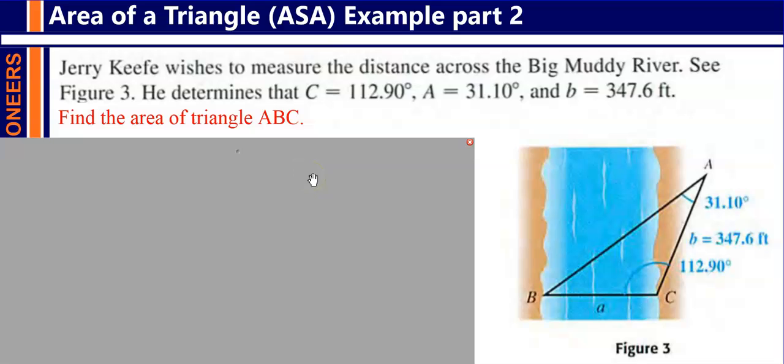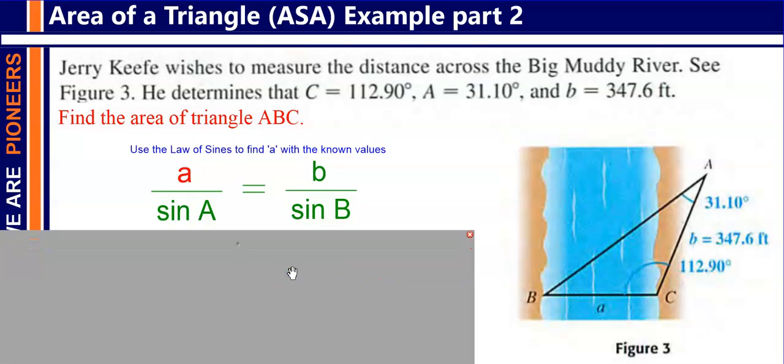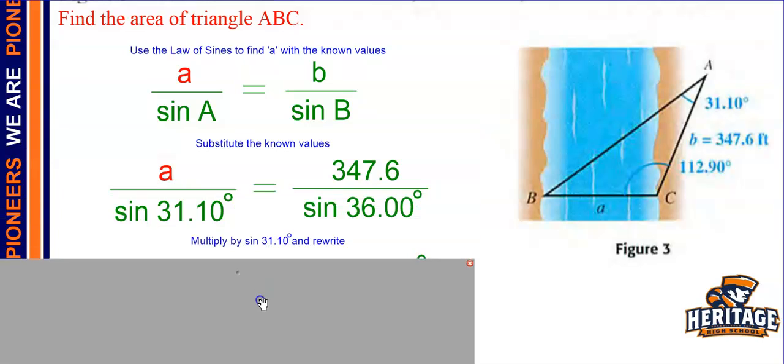In order to find A, this is where the law of sines kicks in. The reason why we can use the law of sines is because now we have a complete pair, where we have the side B over the sine of angle B, capital B. Now we can find A by plugging in all the correct values.